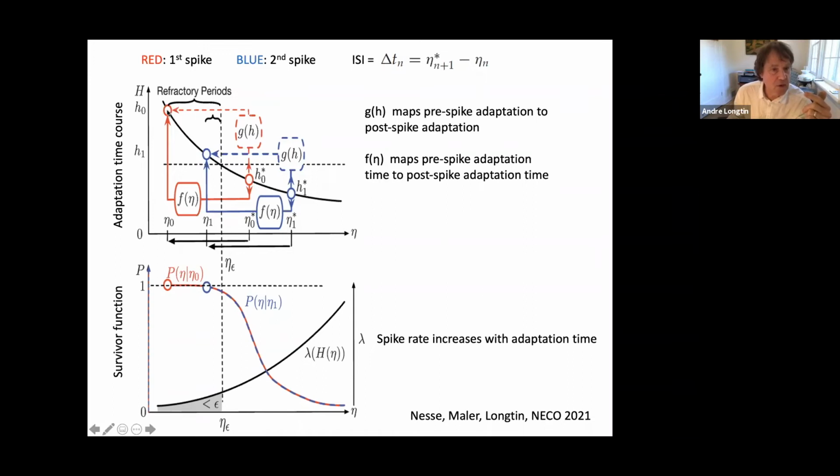And to this new value corresponds an internal adaptation time, which is back over here. So eta 0 star, where the spike occurred, gets mapped through the function f to this new time associated with the new adaptation states. So there are two maps operating, the one for the adaptation states and the one for the times, and they're related, of course.